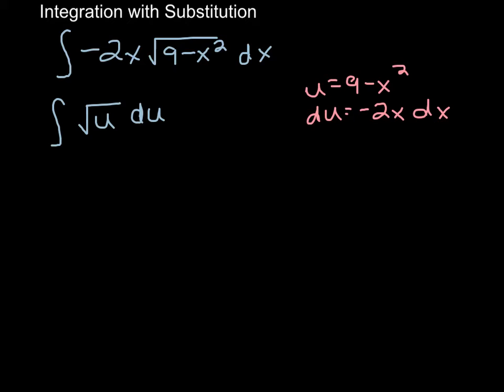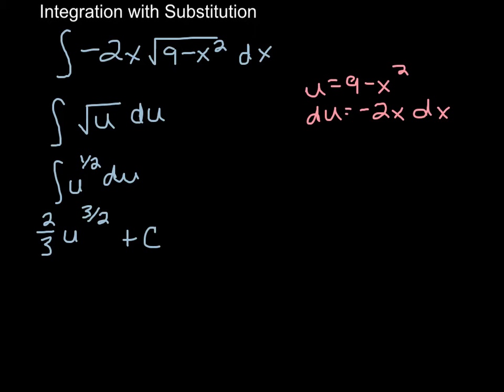And now that's much easier to take the integral of. So that's u to the 1/2. That means we have u to the 3/2 times 2/3. And now, almost forgot the plus c. Now we took the integral completely.